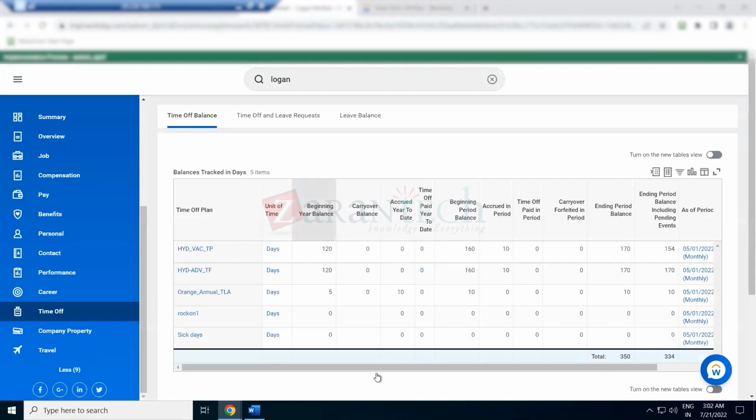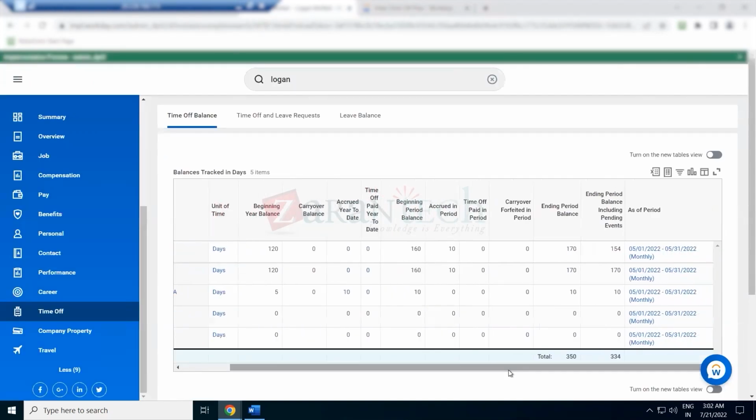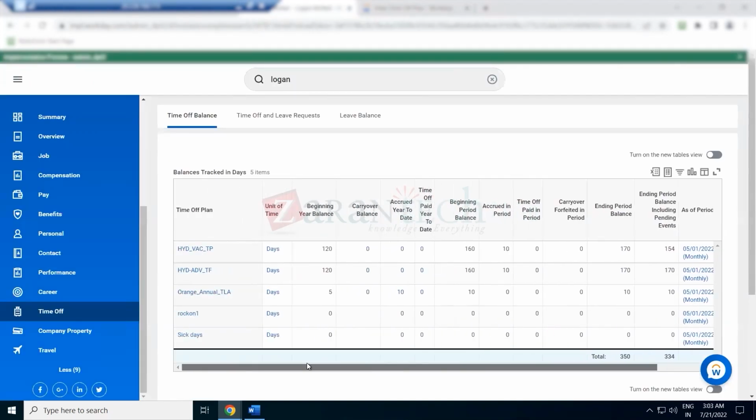Let me look at your screen. Which plan are we talking about? HYD vacation. The beginning year balance is 120 and the beginning period balance is 160. From the section where you chose eligible in balance period, which one is driving this here?